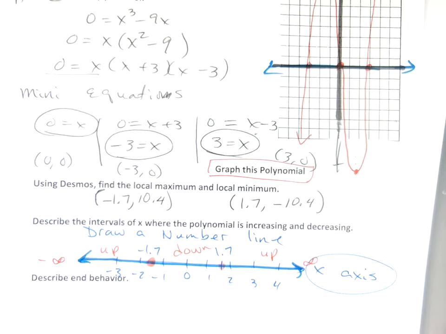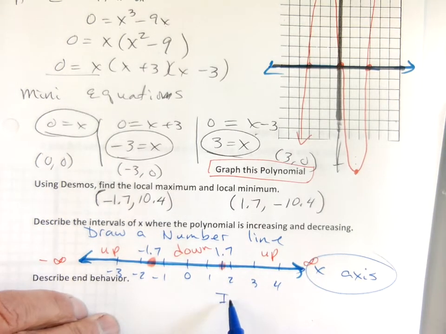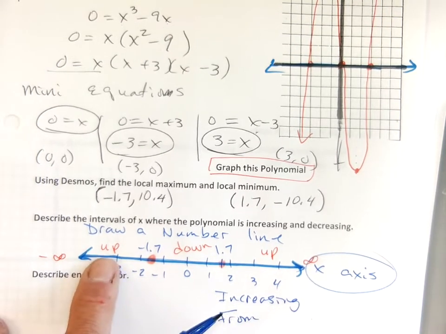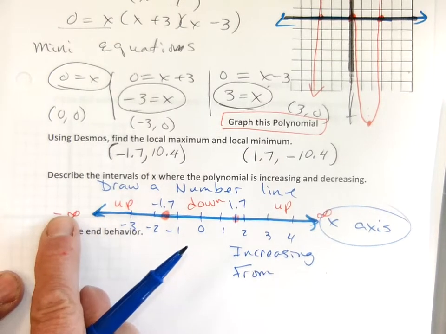So it talks about intervals of increasing and decreasing. We're going to write what we just put. So I'm going to write increasing. It says up, right?